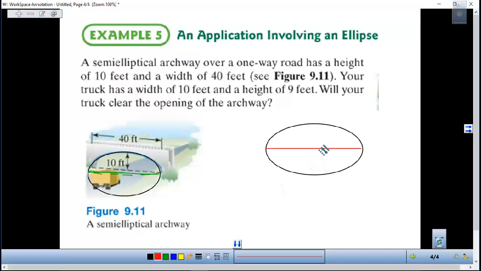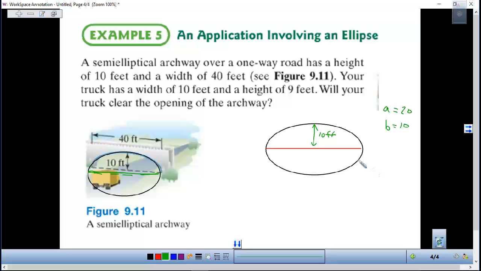Now we know that this is 10 feet high in this direction, so that is your B. And we know that it's 40 feet in this direction, but that's the entire length of the major axis, so your A is 20.